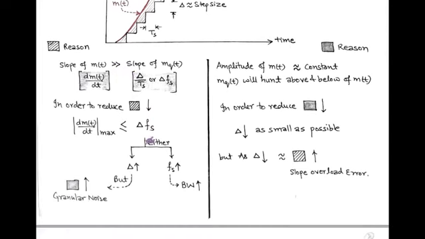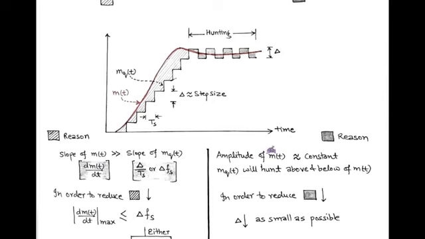Now, in order to reduce slope overload distortion, the maximum slope of modulating signal must be less than or equal to delta Fs. And this is obtained either by increasing step size delta or increasing sampling frequency Fs.